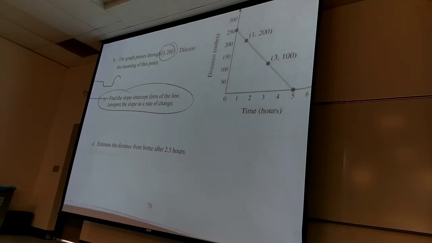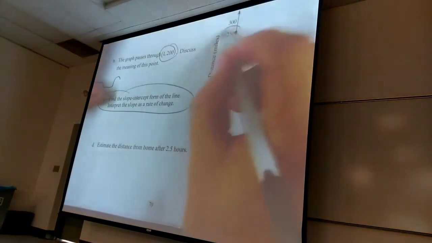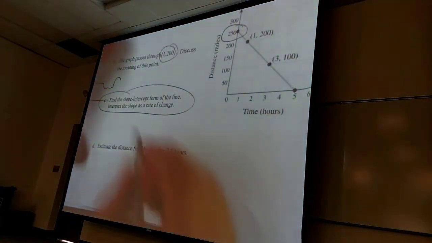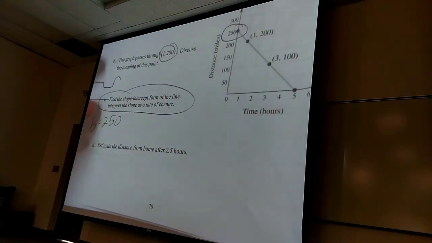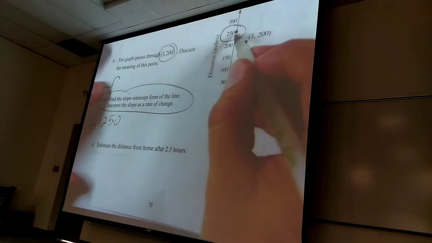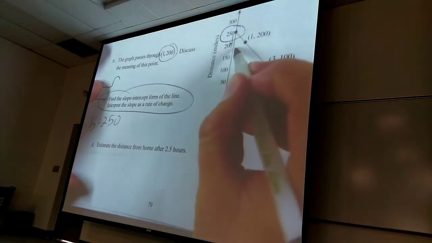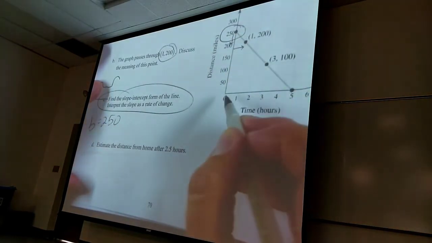250, right? Because that's the y-intercept, the y piece of the y-intercept. So I know the y-intercept is (0, 250), so I know that b is 250. What else do I still need to figure out? Slope. Right here, I went down 50 over 1.